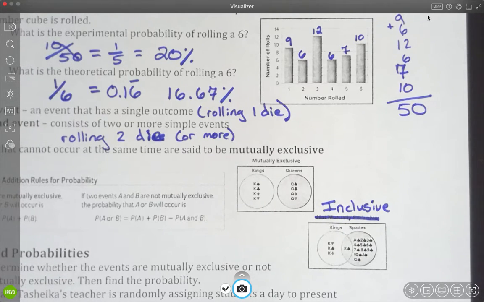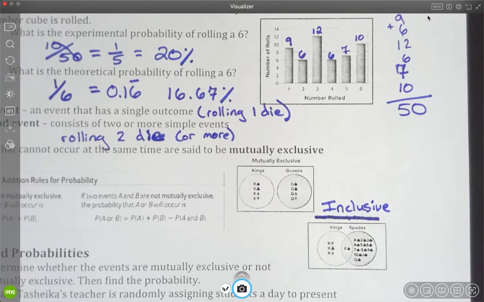So look at this. You guys know your cards? Can a card be a king and a queen at the same time? No, those are exclusive things. Inclusive. Can a card be a king and a spade at the same time? Yes. You have the king of spades. Here's all the spades. Here's the kings. You have 1 card that is the king of spades.